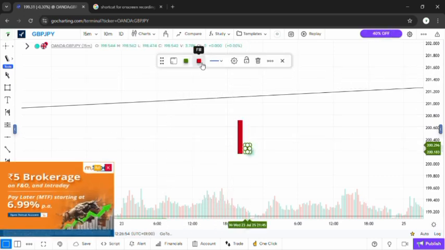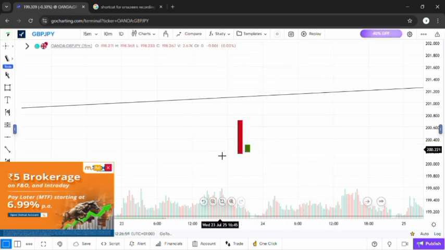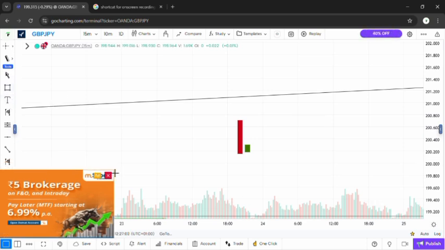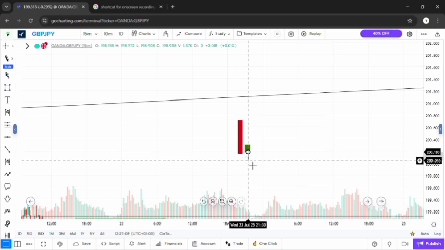If we have another candle forming here, which wicks, in this case, it wicked the bottom of this previous candle.